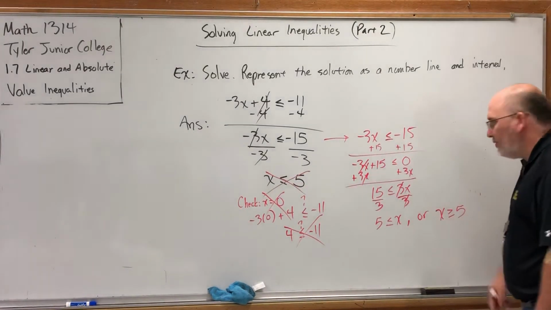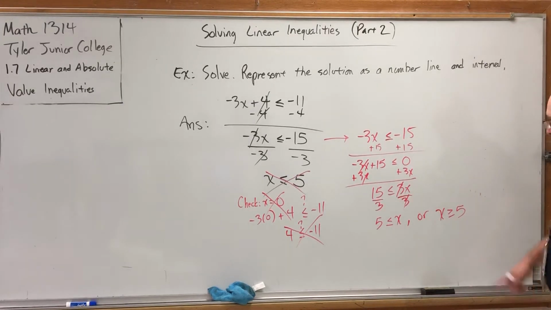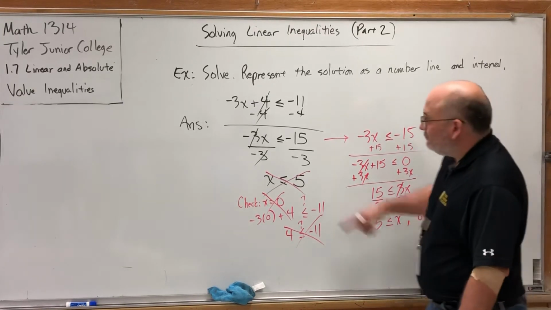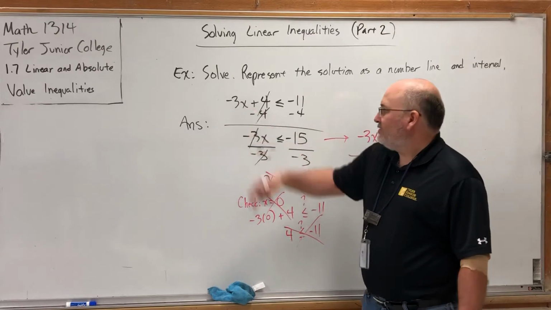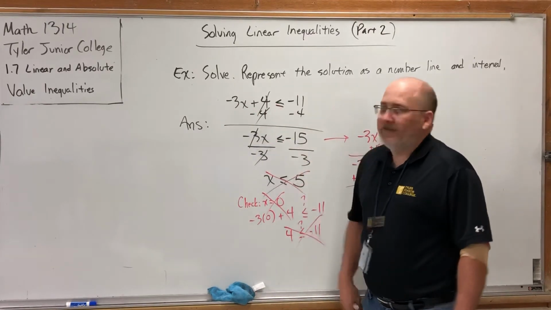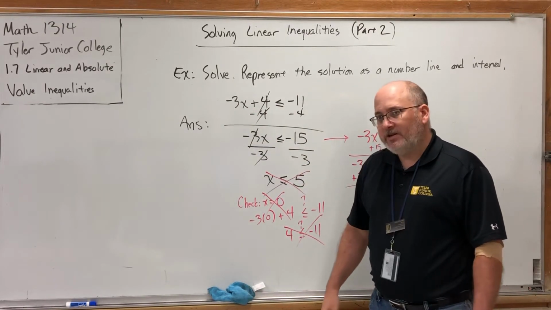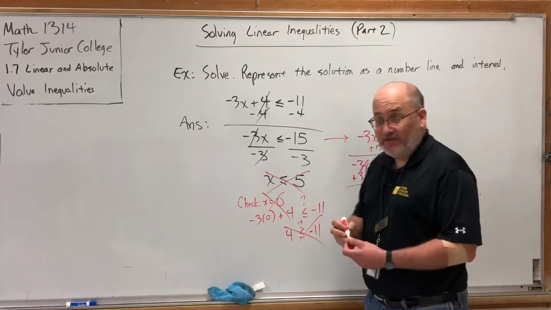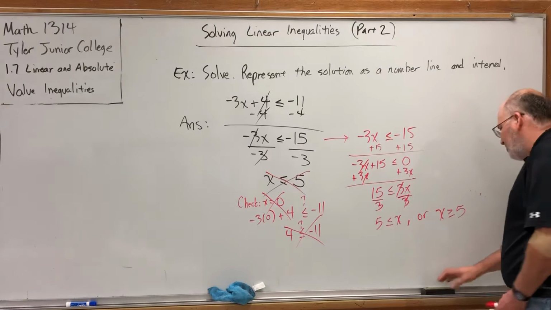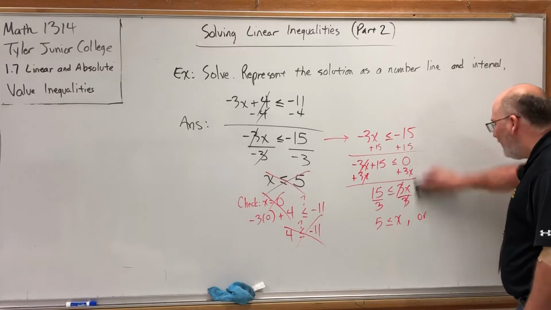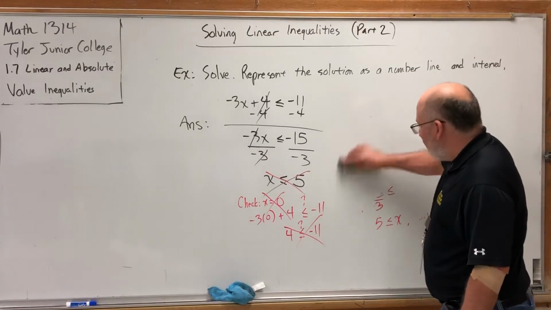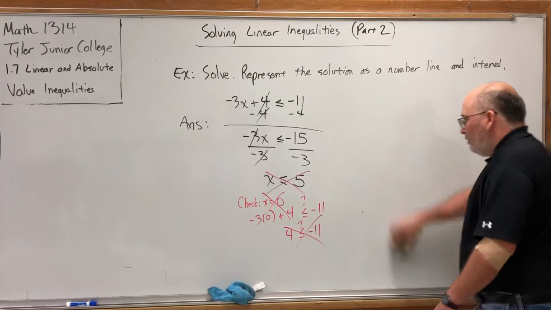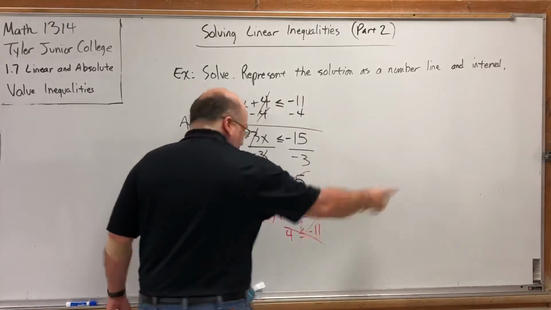We could play the same game over here and it would work. For example, if we pick 6, negative 3 times 6 is negative 18. Negative 18 plus 4 is negative 14. Negative 14 is less than negative 11. It's to the left of negative 11. So this is the correct solution, x is greater than or equal to 5. But I don't expect you to jump through all those hoops just to say this isn't the right answer, that one was.